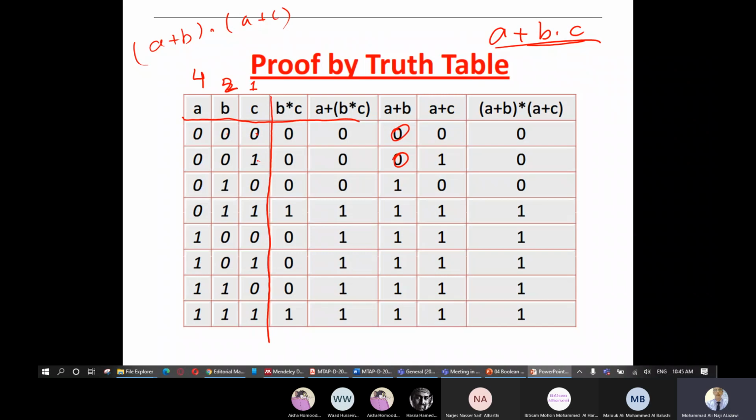Okay, A or C. I want to find A or C. What I'll do, I'll search for the cases where A is equal to 0 and C is equal to 0. I'll go here, A and C. Remember this, A and C. This is the first case.